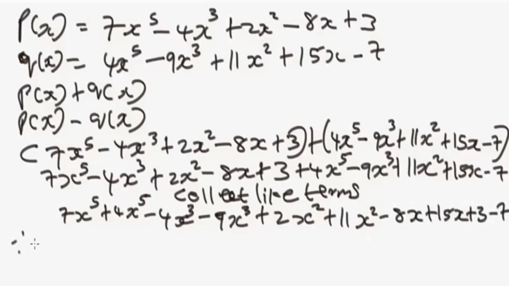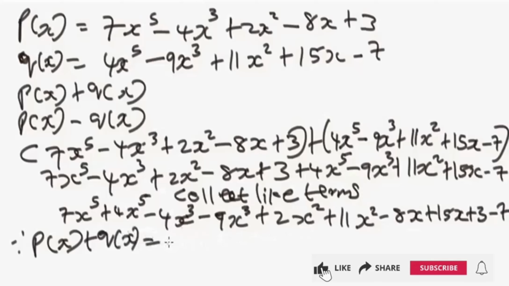So therefore p of x plus q of x will be, when you simplify this, 7x to the power 5 plus 4x to the power 5 is going to give us 11x to the power 5.